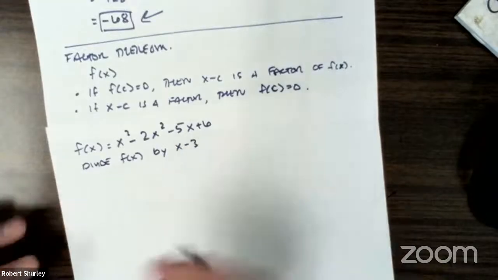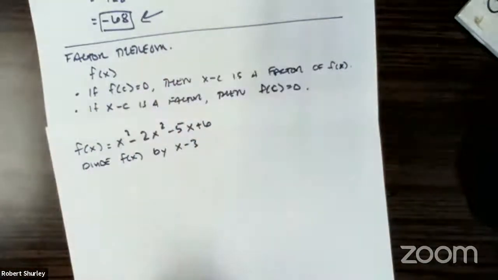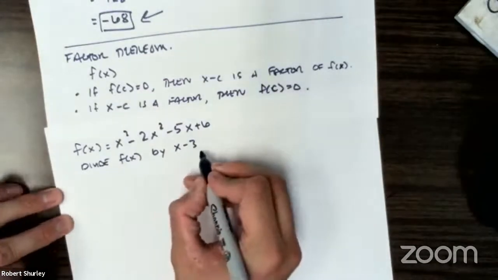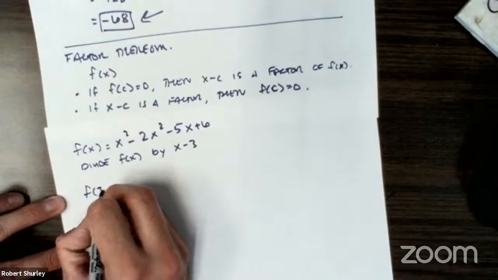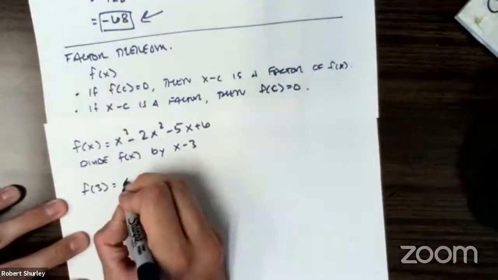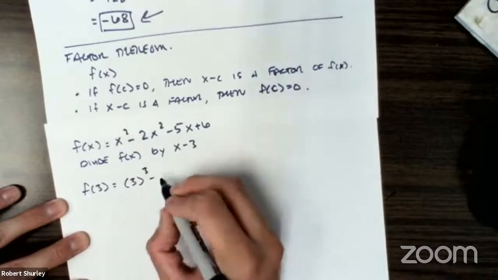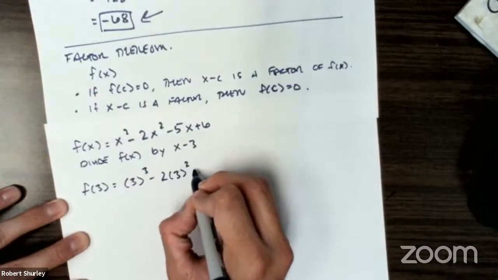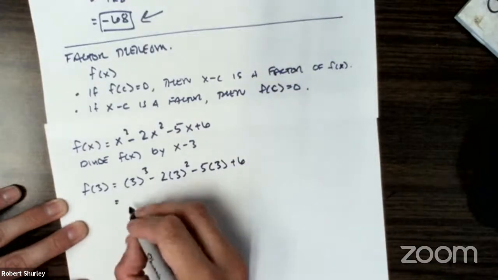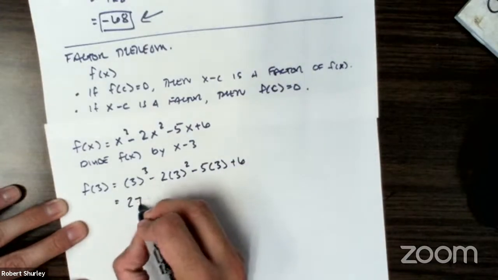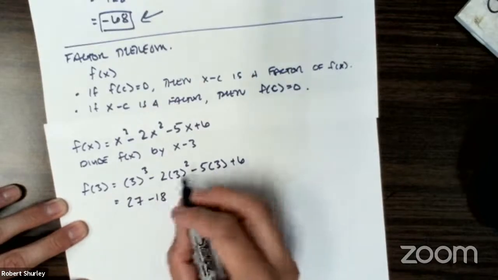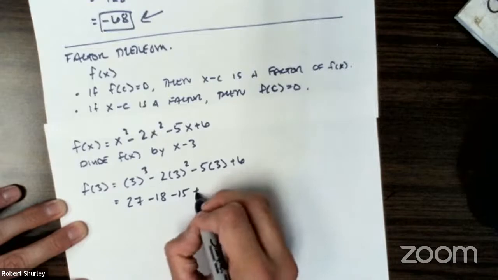We did this in the example right before the one above it. Since it's x minus 3, I'm going to plug positive 3 into the function, and you should get back 0. So 3 cubed minus 2 times 3 squared minus 5 times 3 plus 6. 3 cubed is 27. 3 squared is 9 times negative 2, so that's negative 18, minus 15 plus 6.